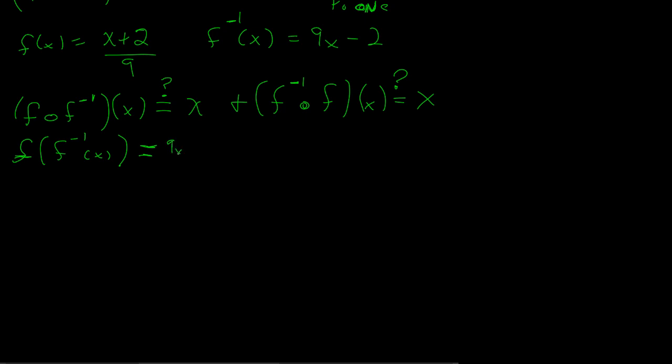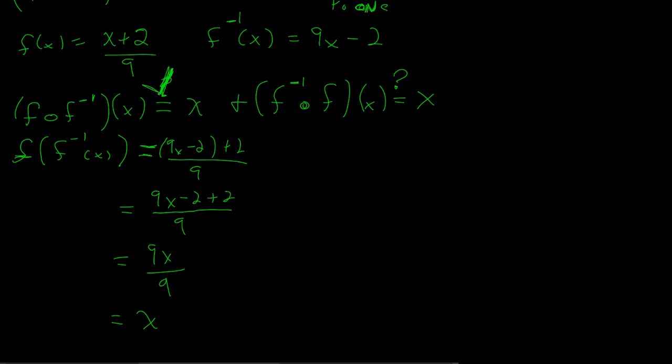So 9x minus 2 plus 2 over 9. Now I can remove the parentheses. The 2's cancel. And I get x. So it passes this first check. So I'll put a check mark on because it passes now.